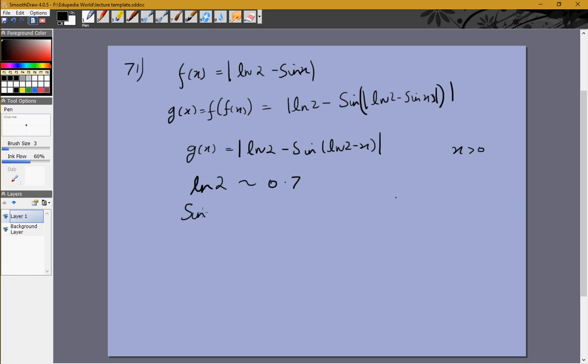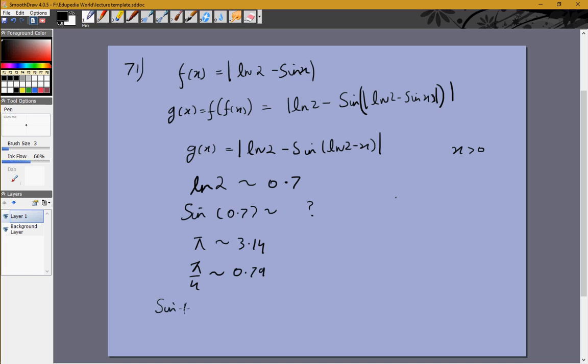We need to find out what sine of 0.7 is approximately, because if x is very small, this will be sine of ln2. We need to find out whether or not this is greater than or less than 0.7. There's one comparison which we can do easily. Pi is 3.14. So pi by 4 is slightly less than 0.8, something like 0.79 or 0.785, right?